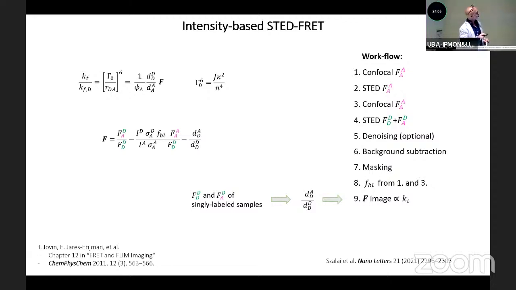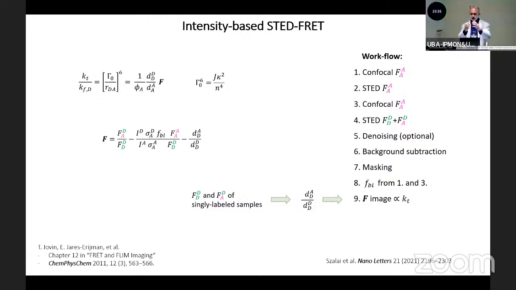Okay. But one disclaimer. This formalism that works very well was thought for ensemble measurements, where you have a clear concentration of the donor and a concentration of the acceptor, fixed. If you have that, this works perfectly. And that works well when you do diffraction limited FRET imaging, because you are averaging in your diffraction limited volume the signal of hundreds or thousands of molecules.